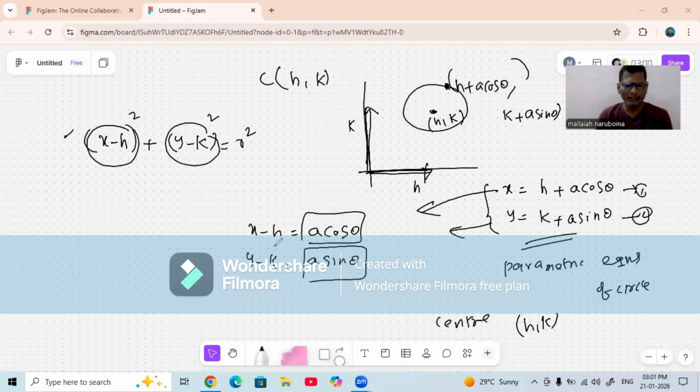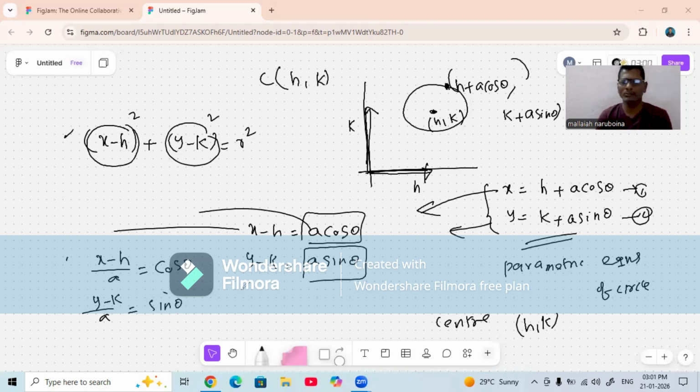Some more useful information we can get from this. Again, x − h, sending a to this side, becomes (x − h)/a = cos θ. Similarly, (y − k)/a = sin θ.